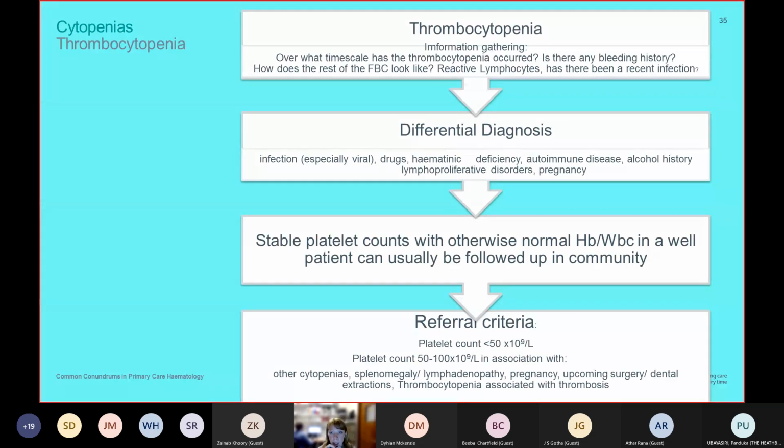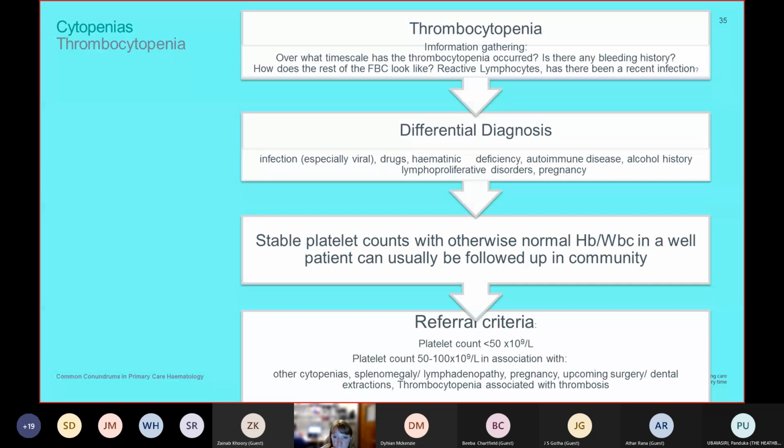So here we have a brief pathway for the evaluation of thrombocytopenias. We should consider and do some information gathering. So over what timescale has a thrombocytopenia occurred? And is there any history of bleeding? What does the rest of the full blood count look like? If reactive lymphocytes are mentioned, has there been any recent viral infection?